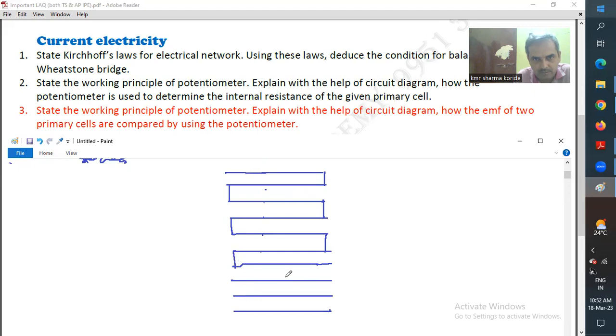So therefore, all the pieces are in series. This is end A, this is end B.